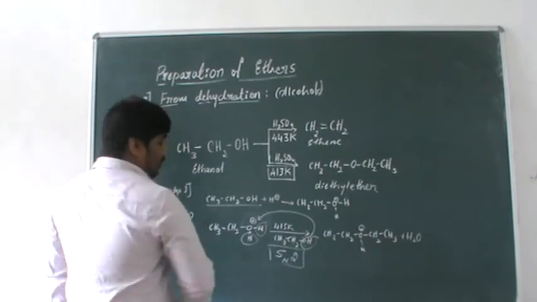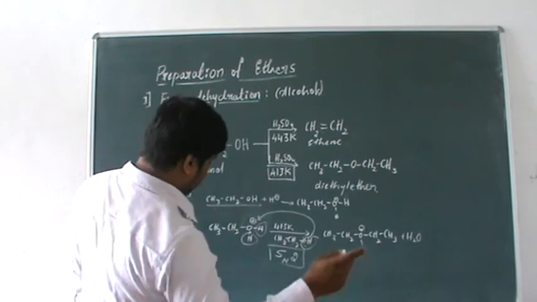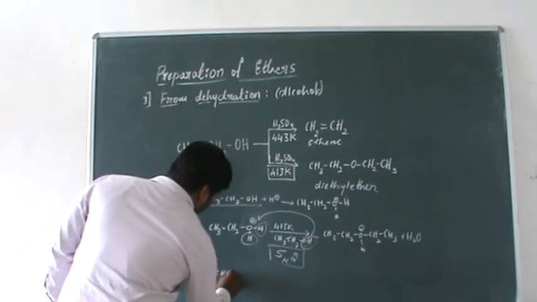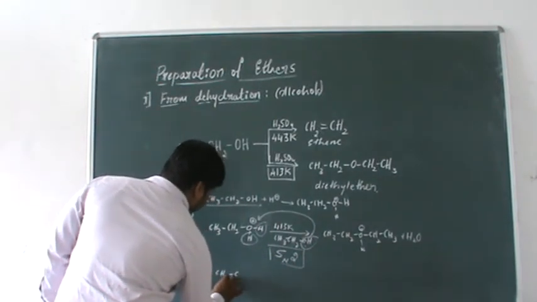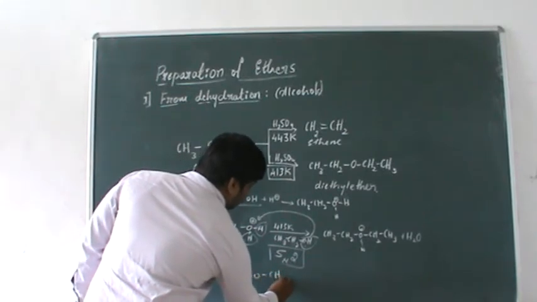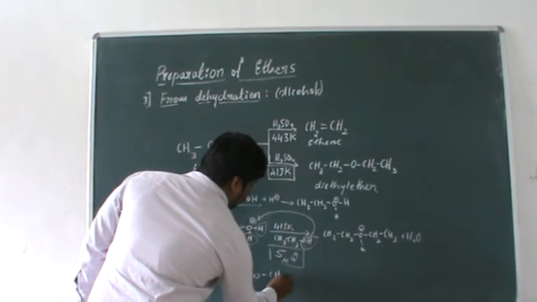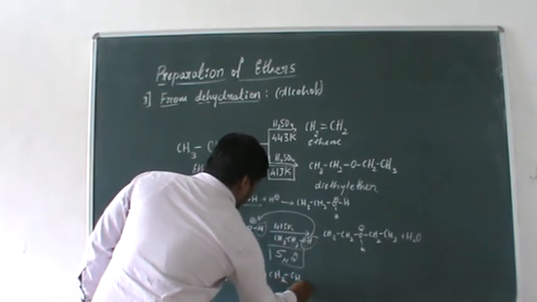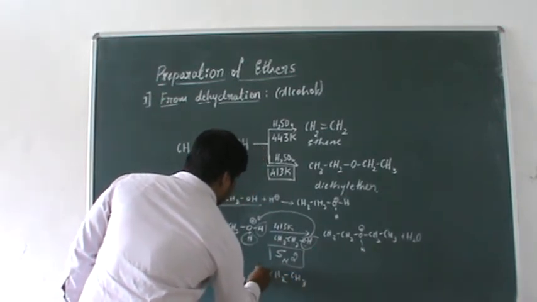In the last step, I think all of you guessed what the last step of the reaction is. Yes, it is CH3 CH2 OCH2 CH2 CH3. H plus does the same thing.